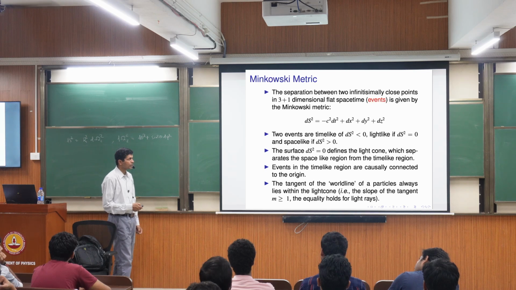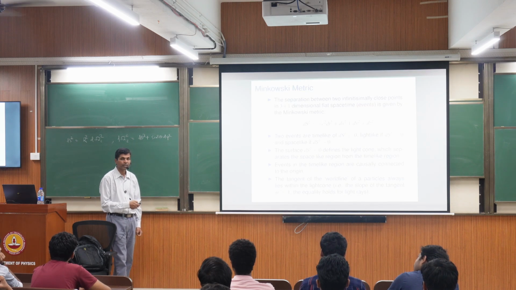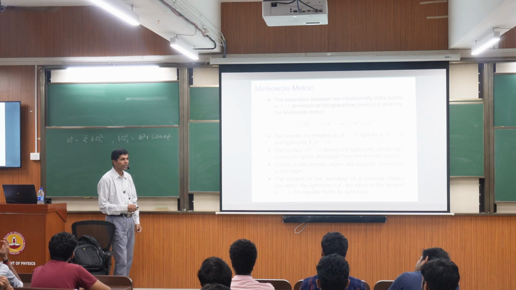I will call a coordinate a time coordinate, provided you keep the other three coordinates fixed and then vary this particular coordinate, then ds square should be negative, okay? If that is the case, then you call that particular coordinate a time coordinate.